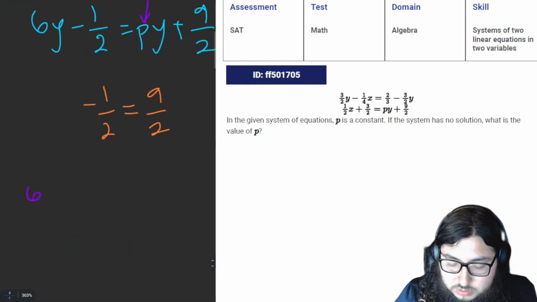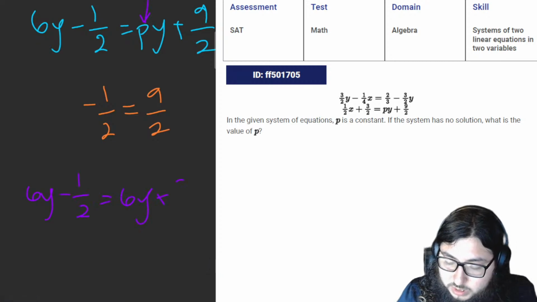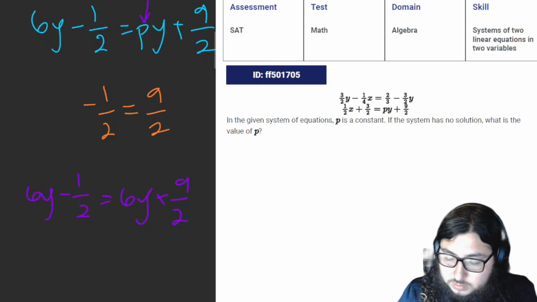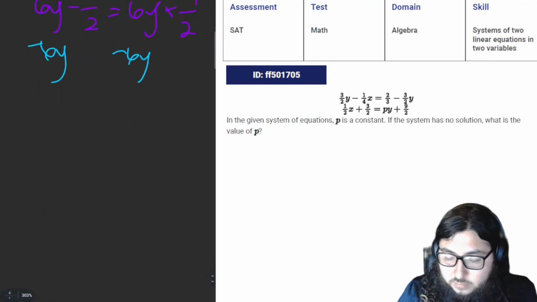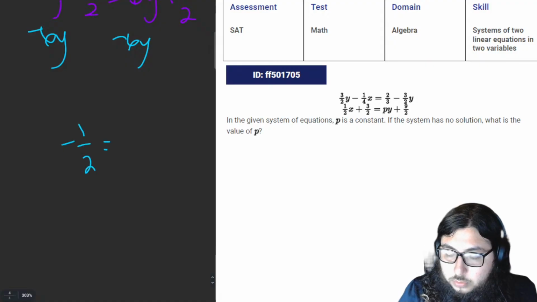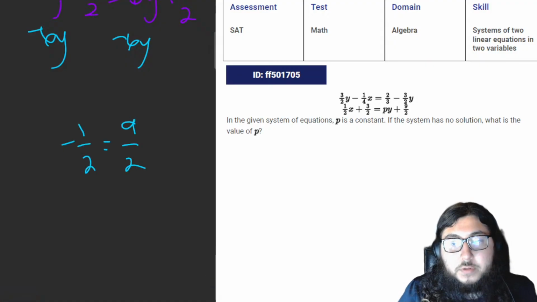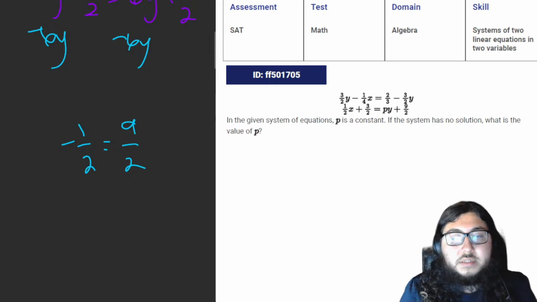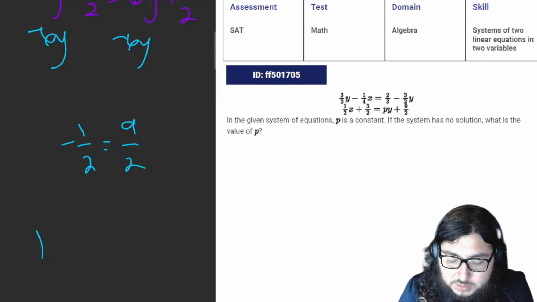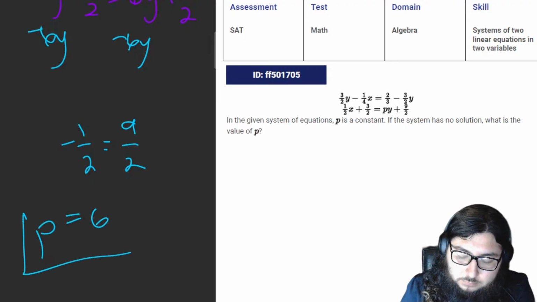Because then 6y minus 1/2 is equal to 6y plus 9/2, and we can subtract 6y from both sides to get that negative 1/2 is equal to 9/2. So if we set p equal to 6, we will get that this has no solutions. So p is therefore equal to 6.